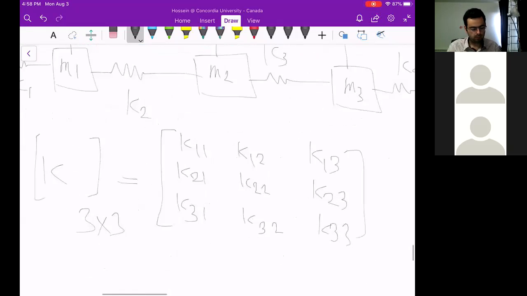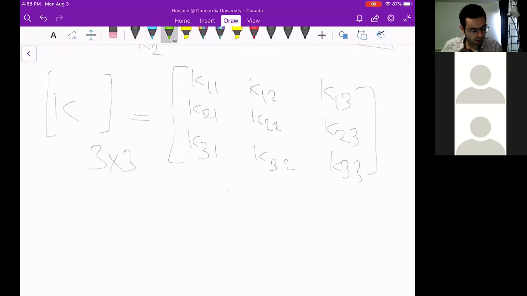So for the stiffness, we could take advantage of, again, second Newton's law. F is Kx.